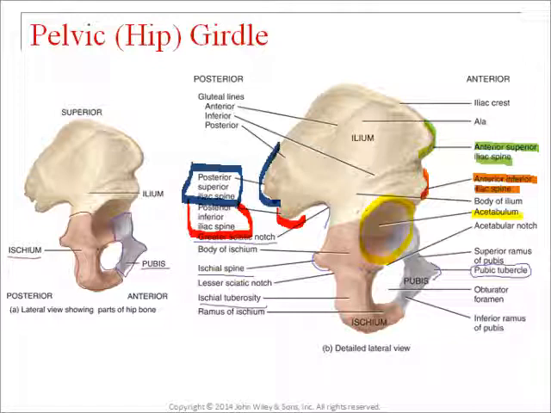So working our way clockwise on the right diagram, we're now at the region of the ilium called ischium. We have at the lower end an ischial tuberosity, which is also called your sit bone. So that's one of the ways that I know on an ischium what side is anterior and what side is posterior.